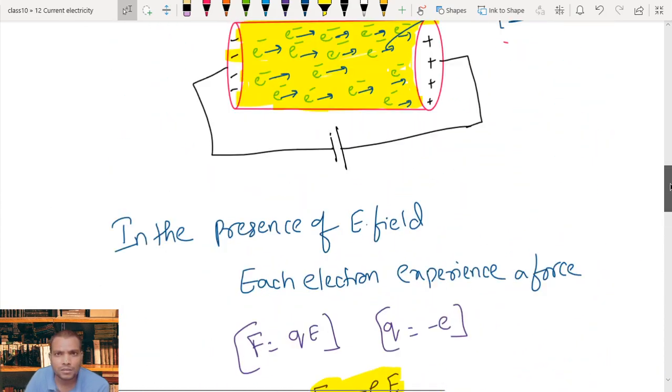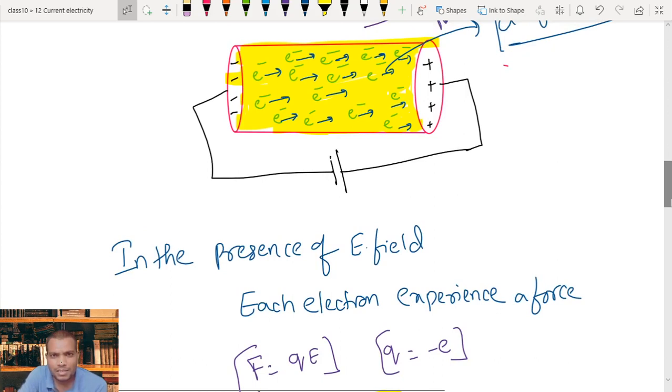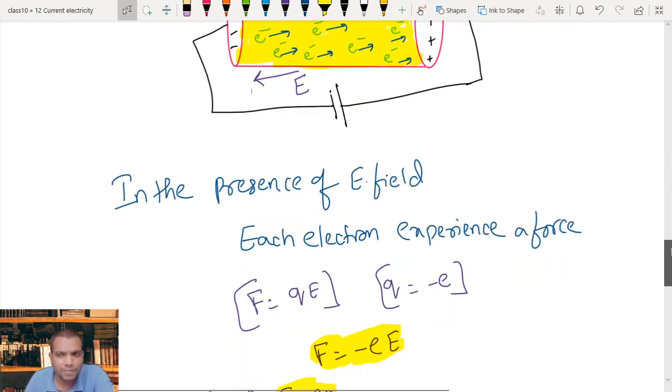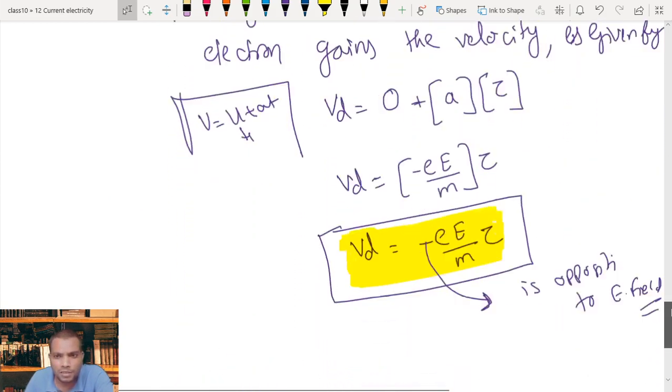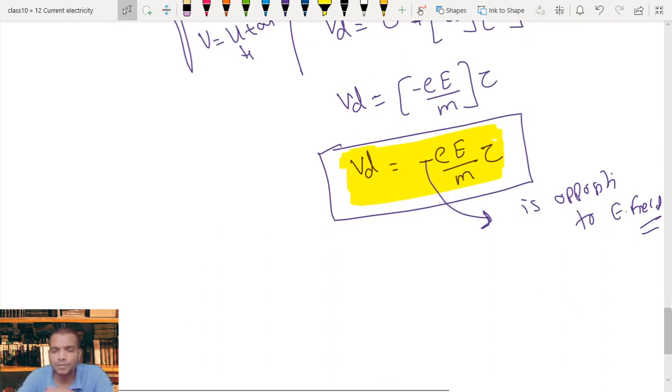From this figure, you can see the electrons are moving just opposite to the electric field. The electric field direction is from positive charge to negative charge, but the electrons move within the conductor from negative to positive potential. That's why the drift velocity is opposite to the direction of the electric field.